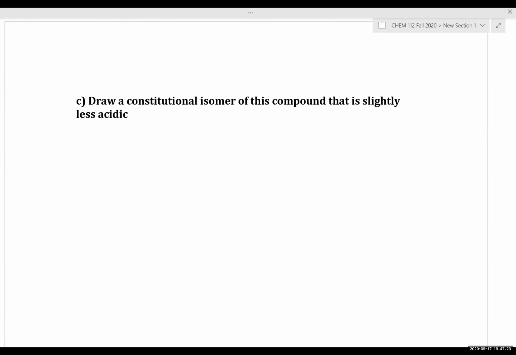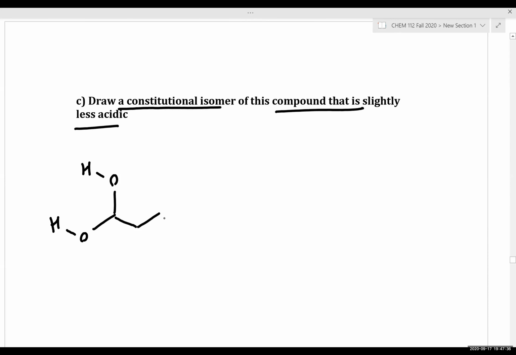We've actually addressed this example when we were asked to draw a constitutional isomer of the compound that's less acidic. We actually already did that. The first example would be this diol compound. That's actually a pretty creative response.